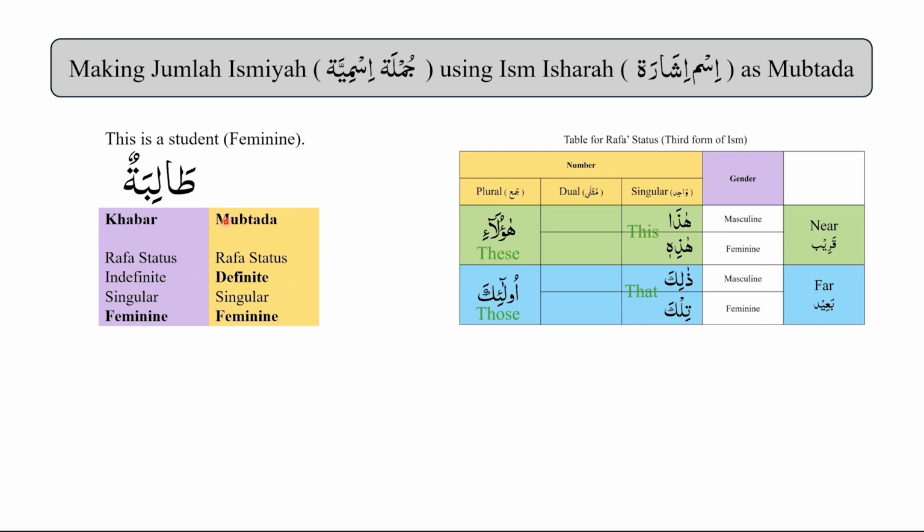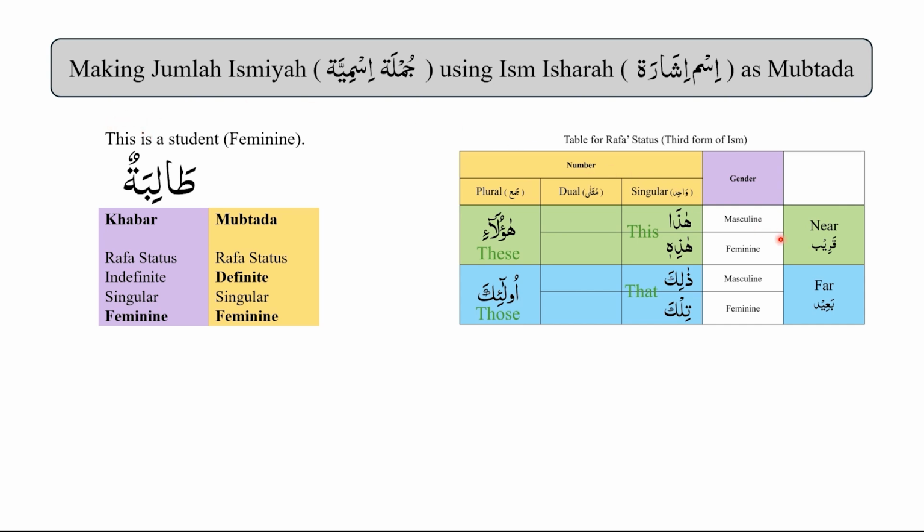If we want to look for a demonstrative pronoun or an ism ishara to be the mubtada, we will refer to our table. First of all, we will need to look at the near row because "this is a student" indicates that we are referring to a person that is near.